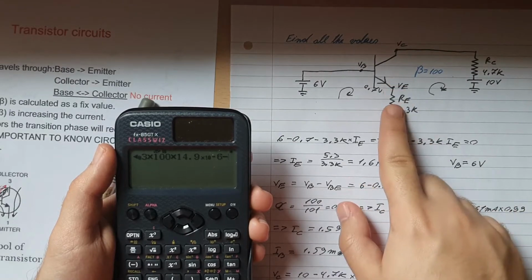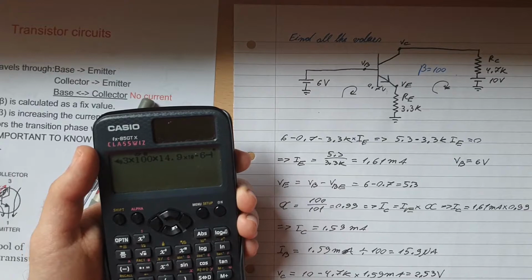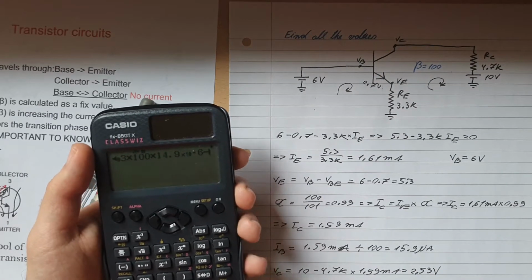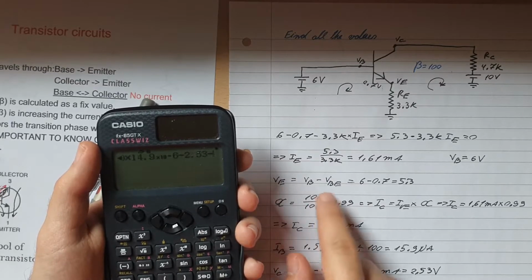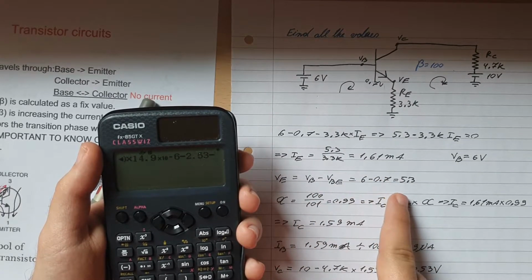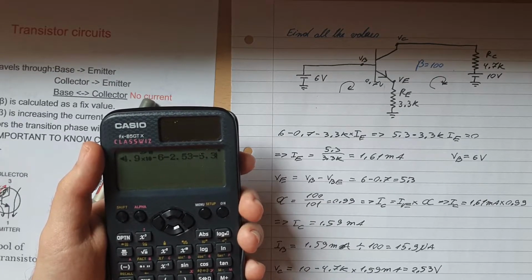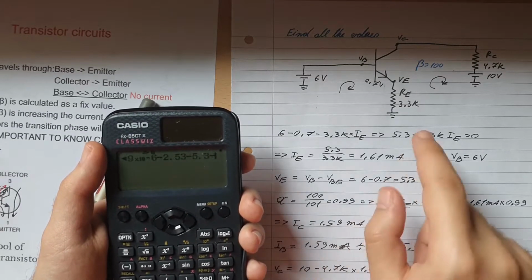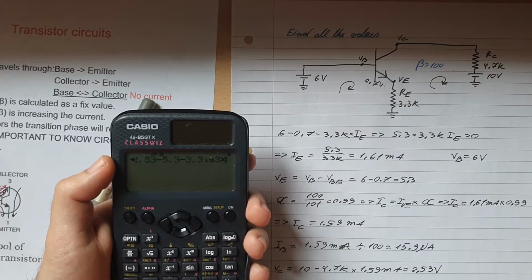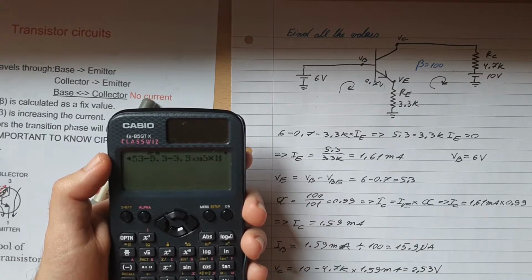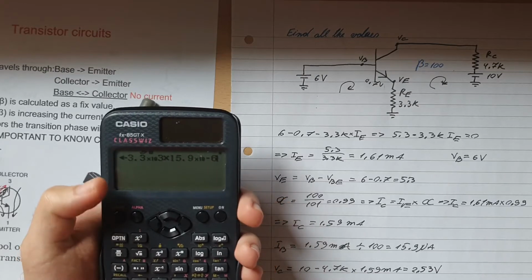Oh, we don't know VCE. Well, we know VC, that's 2.53, yeah, we can do it like this. So that'll be 2.53 minus E, which is 5.3, minus 3.3 times 3 multiplied by, again, 15.9 times 10 to the minus 6.